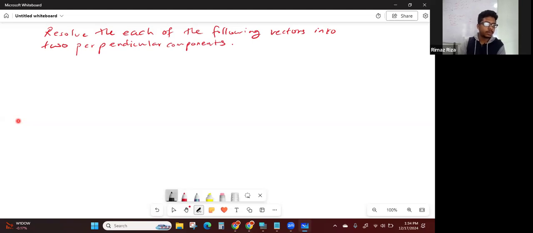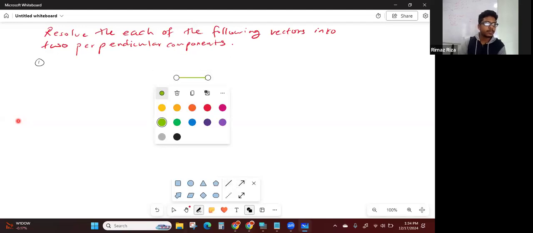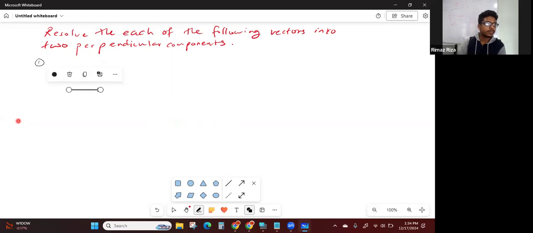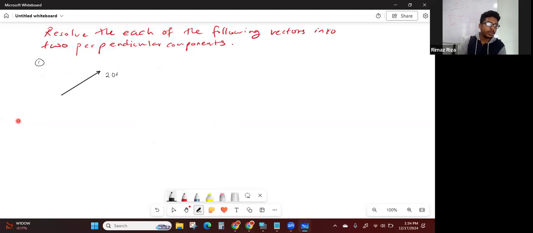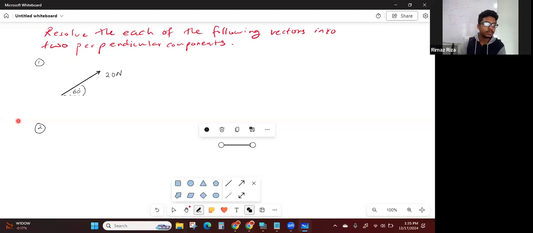So here the first one, 20 Newton, angle is 60 degrees. This one. Second one, you can start doing the question.